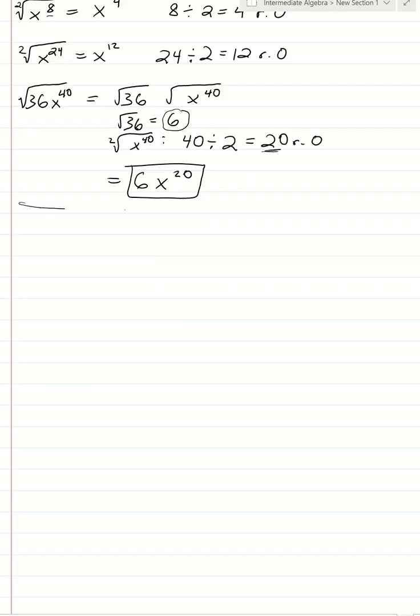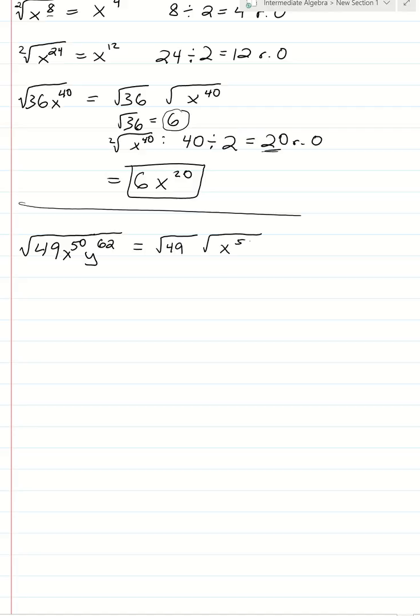Let's do another one. Let's take the square root of, let's say, 49 x to the 50th y to the 62nd power. Well, once again, let's split this up into the square root of 49 times the square root of x to the 50th times the square root of y to the 62nd power.